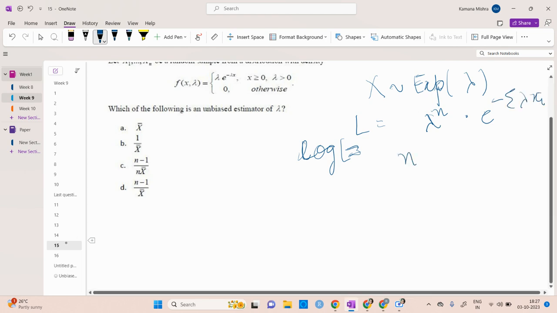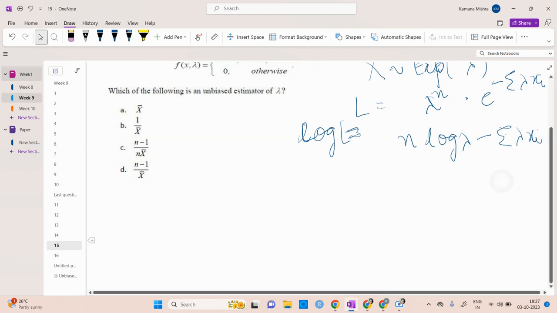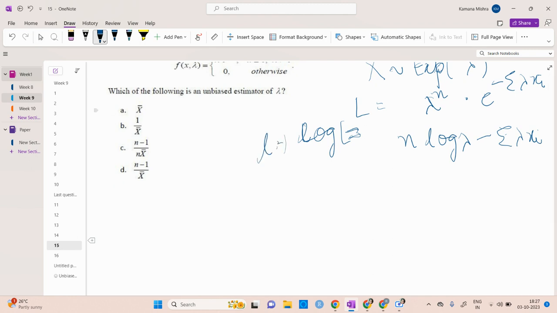So log L will be n log lambda minus summation lambda xi, right? So this is a small l.